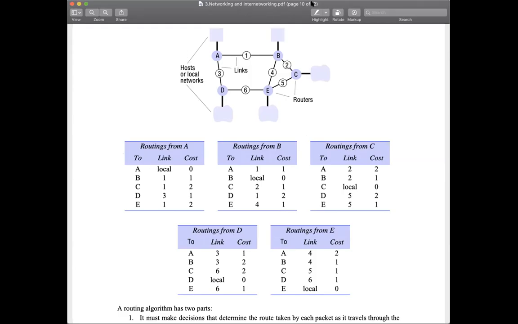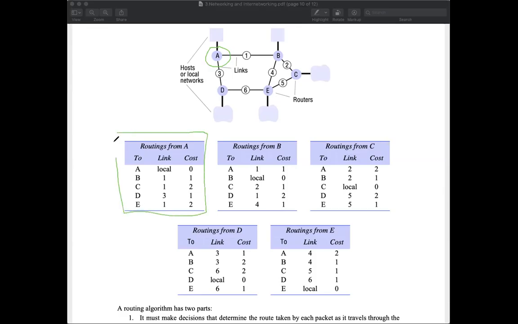So if you look at the first router, router A, so this is a respective routing table, right? So once we connect a router into the network, in that routing table, it will keep three kind of configuration, right?